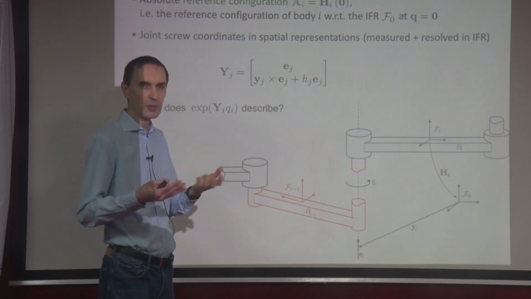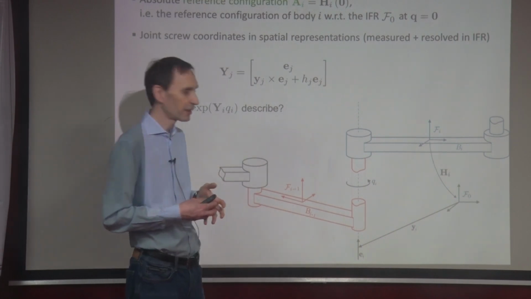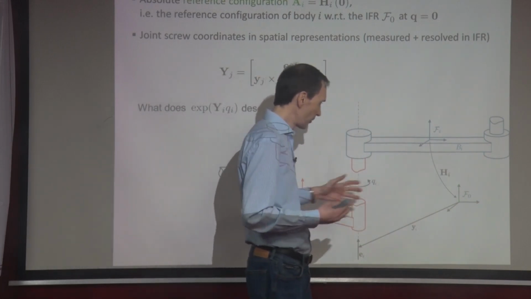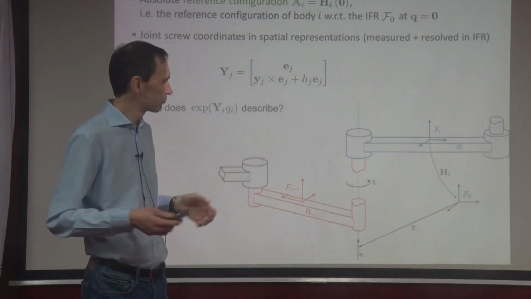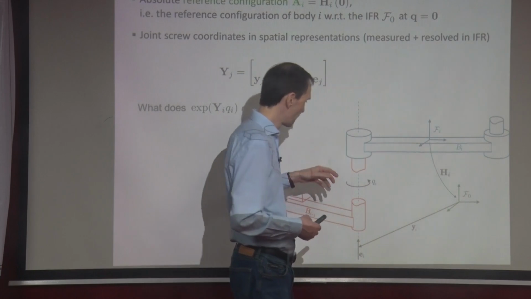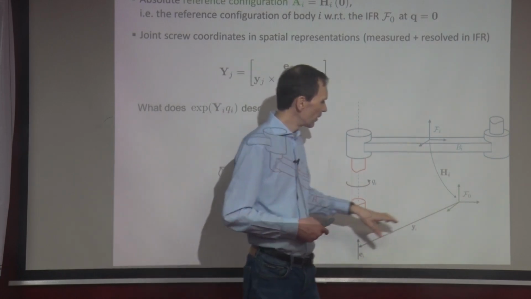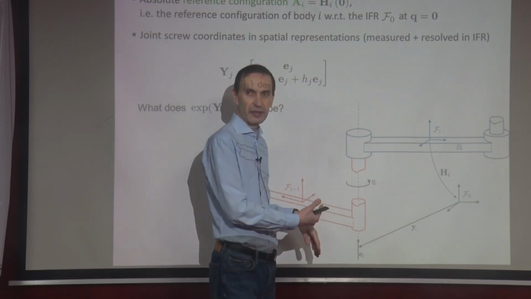Again, it's a homogeneous transformation matrix, that's clear. But what does this homogeneous transformation matrix describe? It's always the relative pose. The pose, exactly. It's a pose.